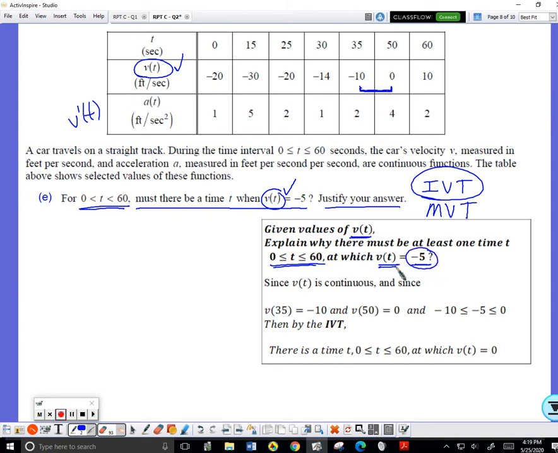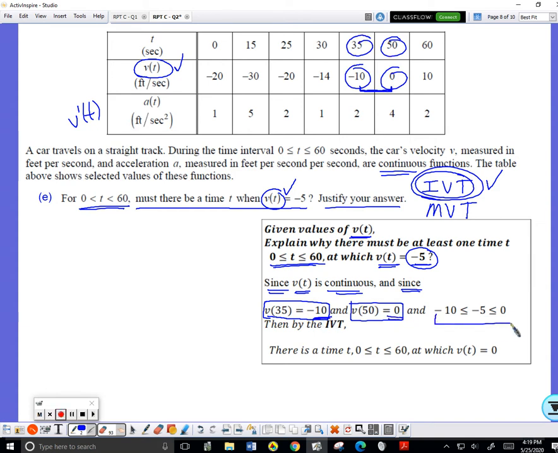The intermediate value theorem is only valid if the function is continuous. So you have to write, since v is continuous, that makes the intermediate value theorem valid, and the value of the velocity at 35 is negative 10, the value of the velocity at 50 is 0. That's what we found up here. Those two values of the velocity surround the value we're looking for.